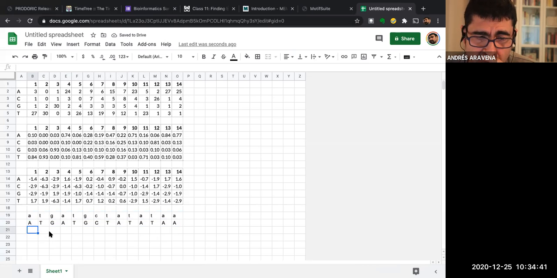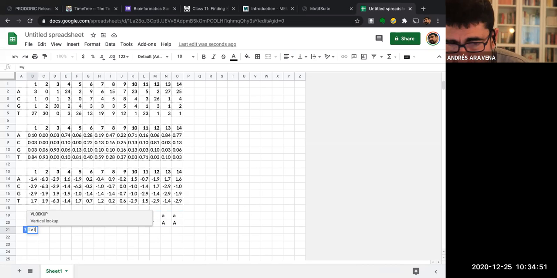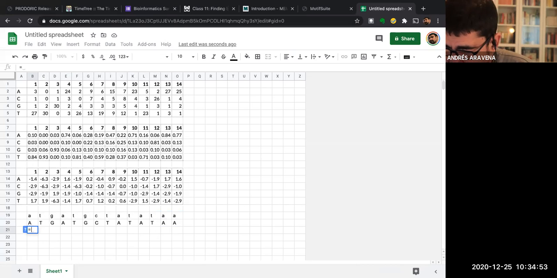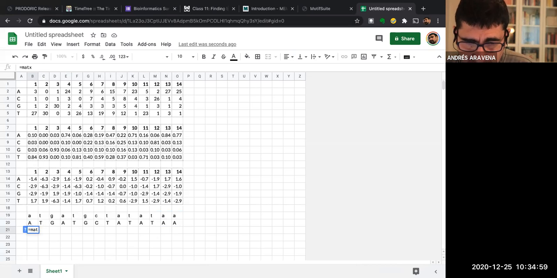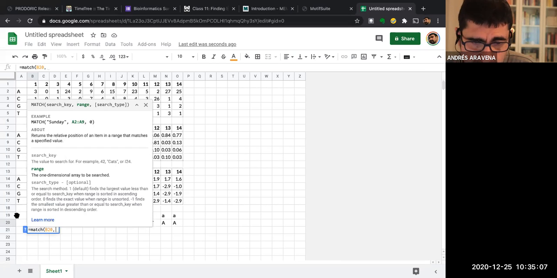And then essentially you have to look up. Do you know this function, the lookup? No, what is the name? Index? No, what is match? This is the modern way: match. Match of this letter in this range.